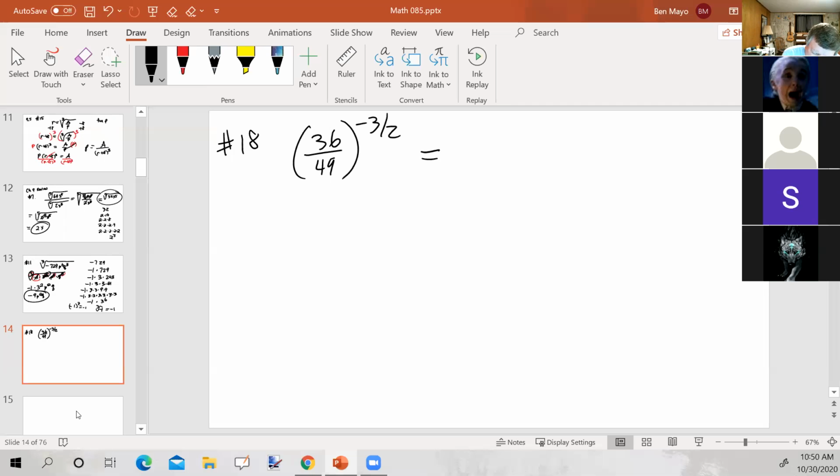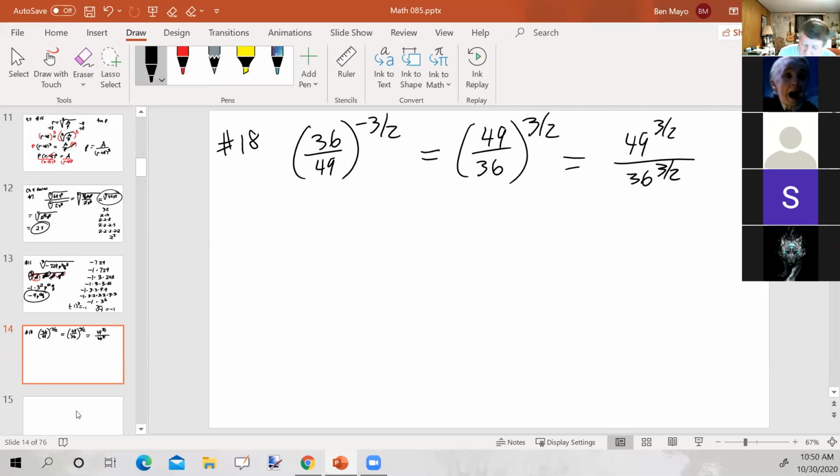So the first thing I'm going to do is take the reciprocal of the base, that is the 36/49, that changes the exponent from a negative 3/2 to a positive 3/2. Okay. Now I'm going to apply that 3/2 to both the numerator and denominator of the base.